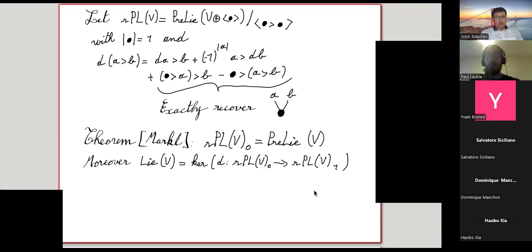So we can exactly recover this result from the free Greg algebra, because here this is the free Greg algebra. In fact, the only difference is instead of having an additional operation, we have an additional element.